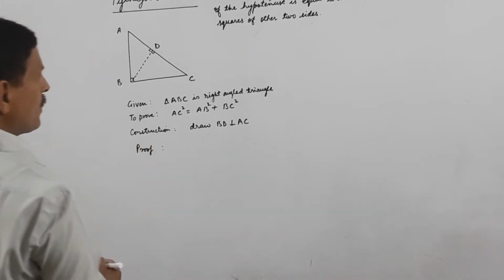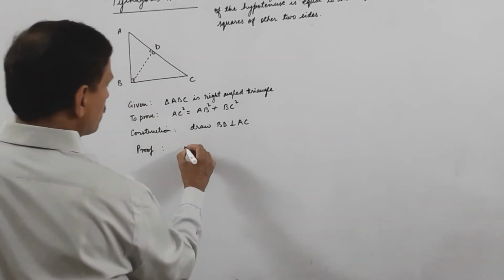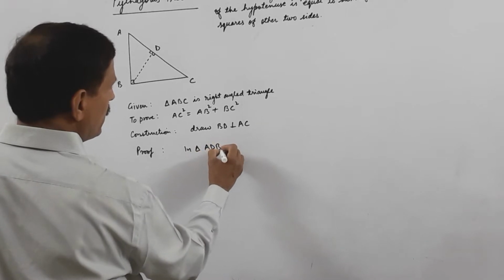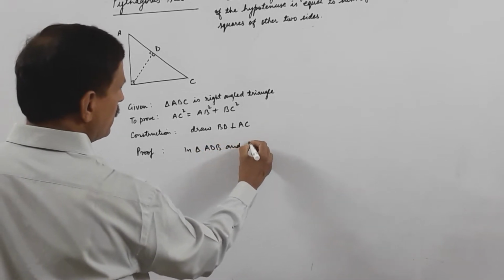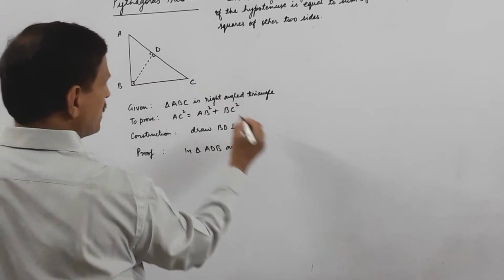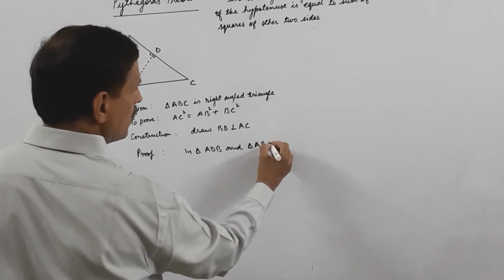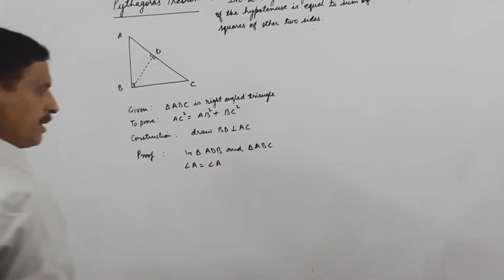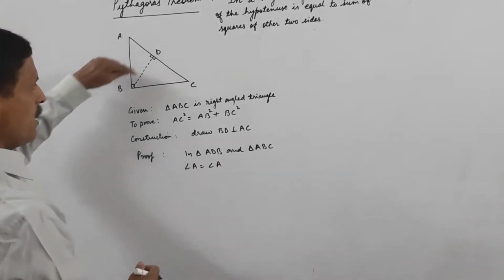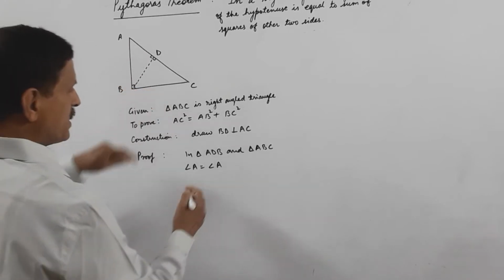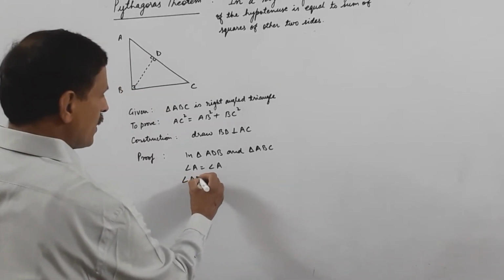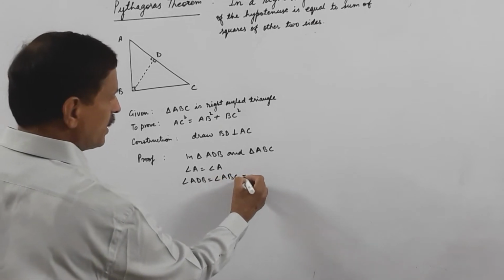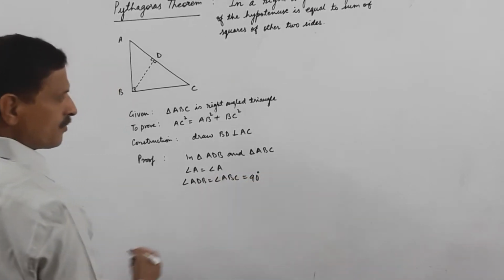We consider triangle ADB. In triangle ADB and triangle ABC, angle A is equal to angle A, angle ADB is equal to angle ABC, which is equal to 90 degree.